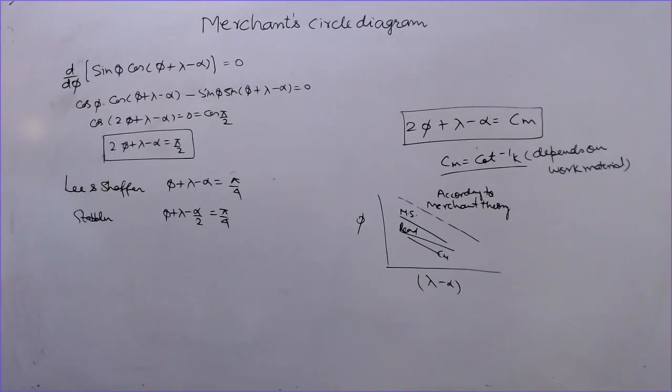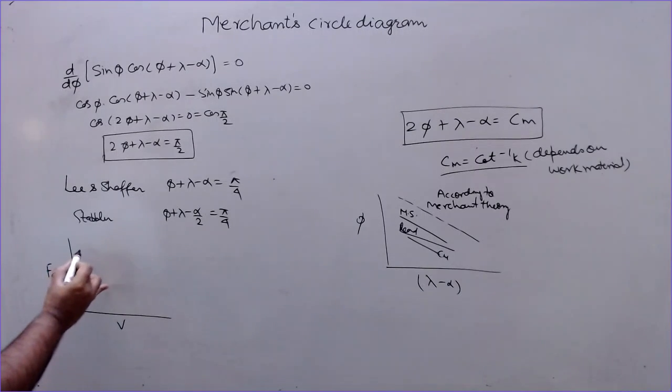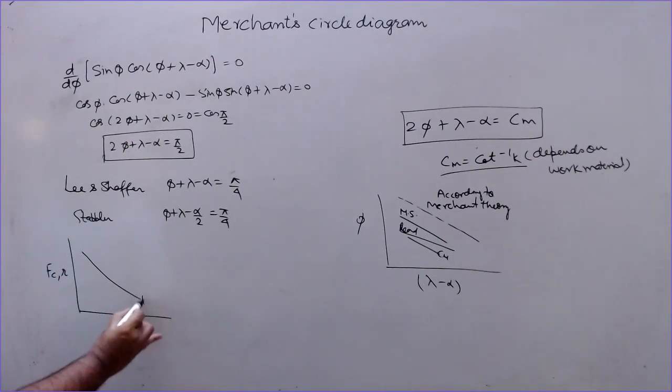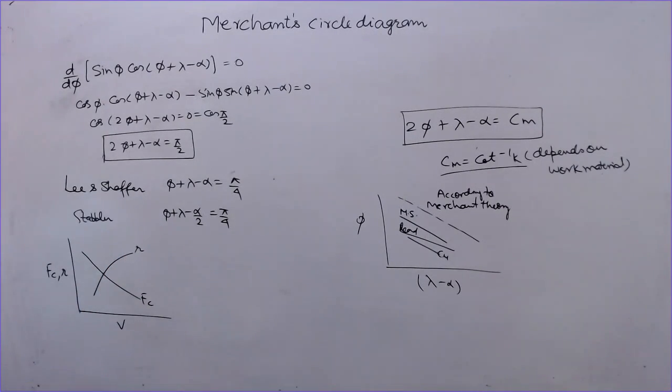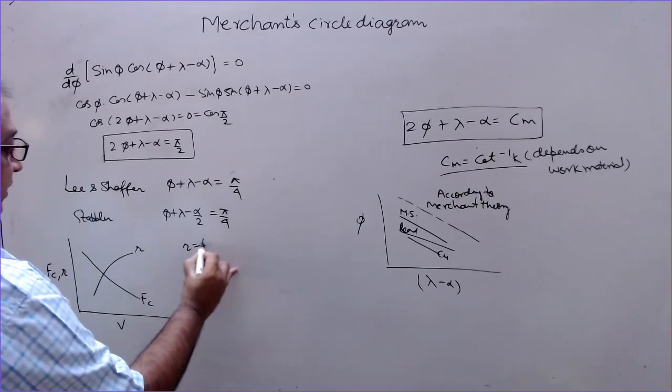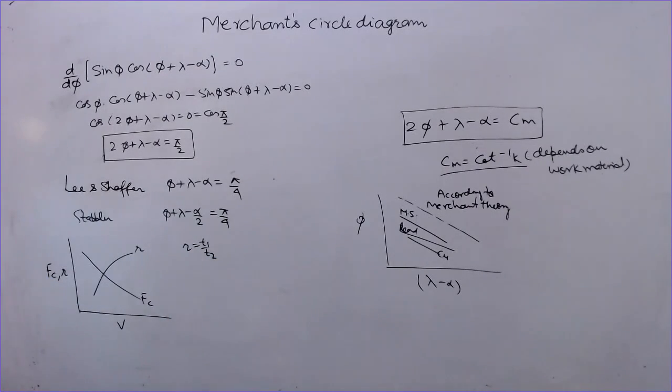Apart from this, let me discuss the relation between cutting force and chip thickness ratio with cutting velocity. As you know, when cutting velocity increases, the cutting force will decrease. This is the graph of Fc, and the chip thickness ratio will increase. r is equal to t1 by t2, where t1 is the uncut thickness and t2 is the chip thickness.